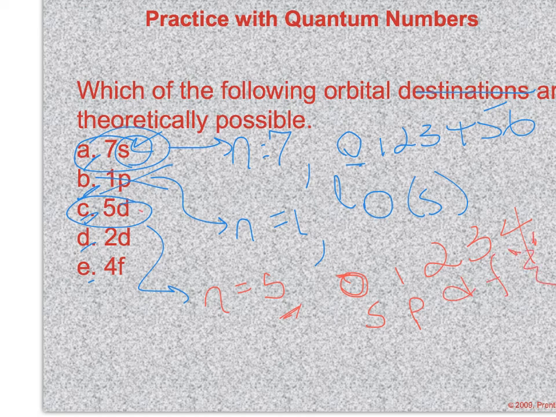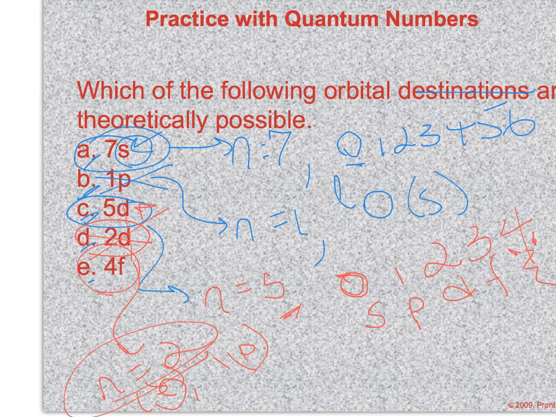So we can have a D sublevel within n equals 5. So C is possible. D, if n equals 2, the values of L are 0 and 1. In other words, we can only have S and P sublevels if n equals 2.